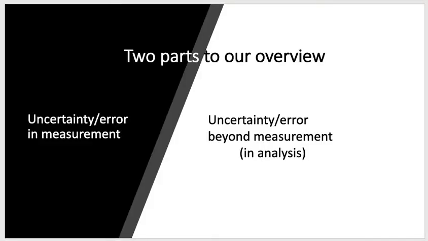So in our overview then, following this large distinction in the columns, there will be 2 parts, uncertainty and error. Those are 2 words really for the same thing. They're used almost interchangeably. Sometimes one makes more sense in one context than another, but uncertainty and error taken as a whole in measurement first, and then beyond measurement in analysis.